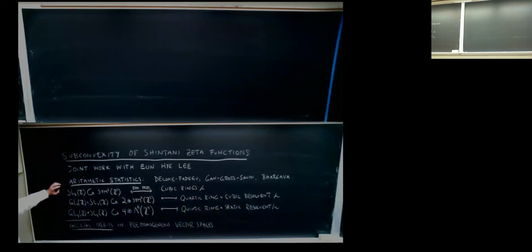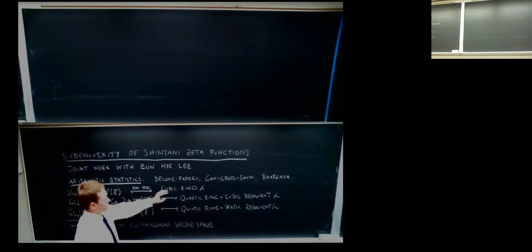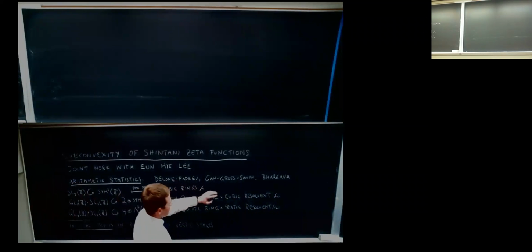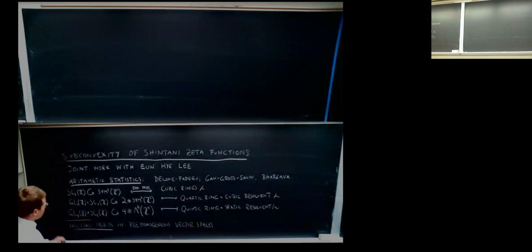Just to motivate the talk, I'll point out a couple of problems in arithmetic statistics. There are theorems of Davenport-Heilbronn, Gan-Gross-Savin, and then from Bhargava's thesis, which classified integral orbits in what are called pre-homogeneous vector spaces.